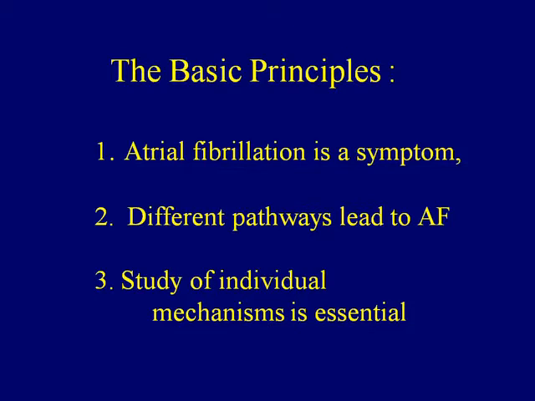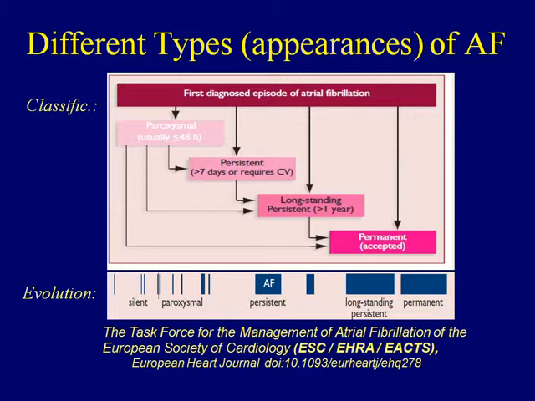Well, the basic principle, which is maybe a new approach, is that atrial fibrillation has to be looked at as a symptom. Many different pathways can lead to atrial fibrillation, and the study of individual mechanisms is essential, as usual, in basic principles.